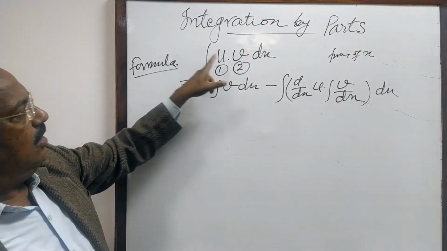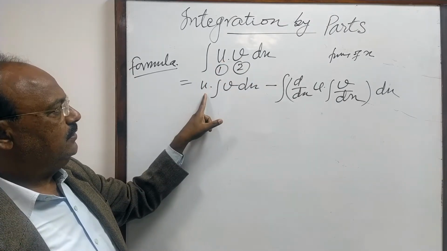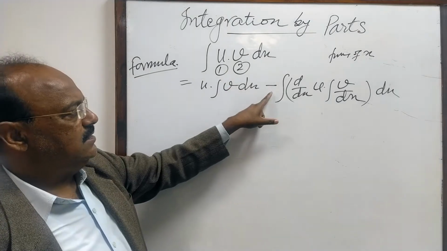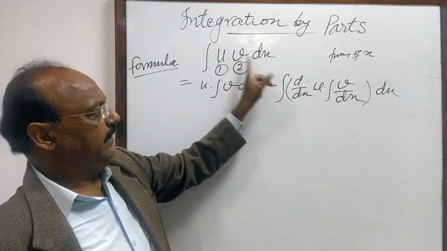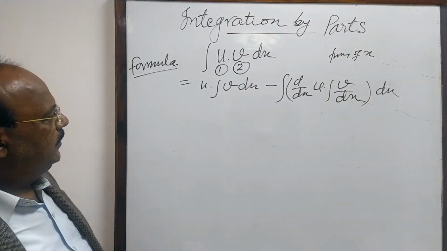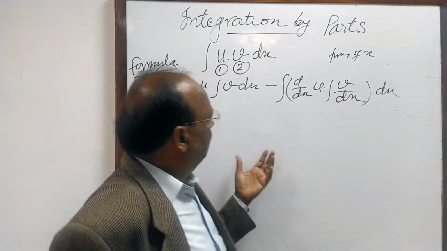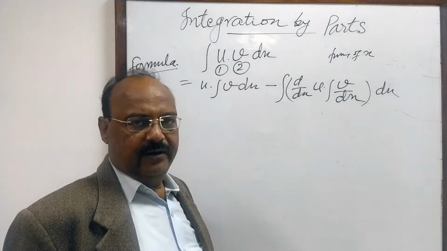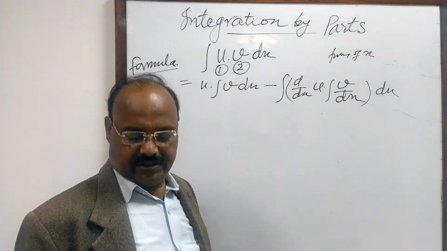Then the integral of u into v dx is equal to the first function, u, times the integral of the second function, minus the integral of the derivative of the first function times the integral of the second function. This is a very simple formula. You can remember it very easily, and after doing some problems you can understand it very well. So let us start our practice with some simple questions.